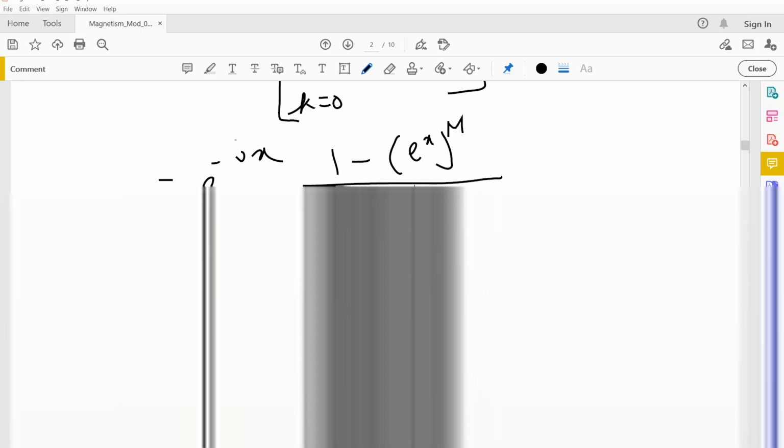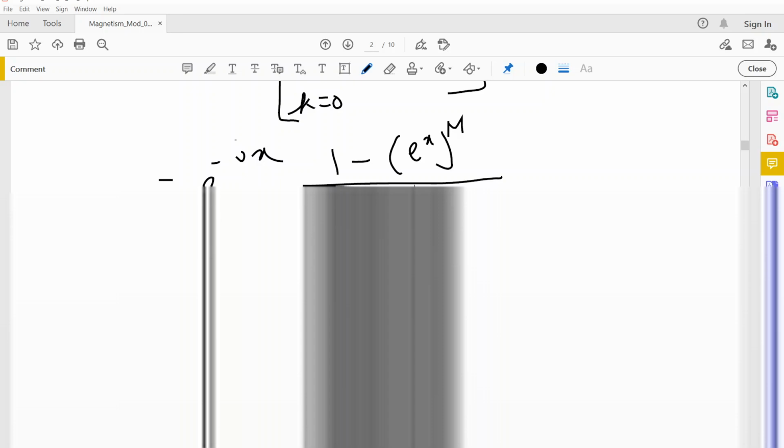So you know what dx by dB is. It's nothing but g mu B over kBT. So that implies that dB by dx is nothing but kBT, just flip this, kBT over g mu B.